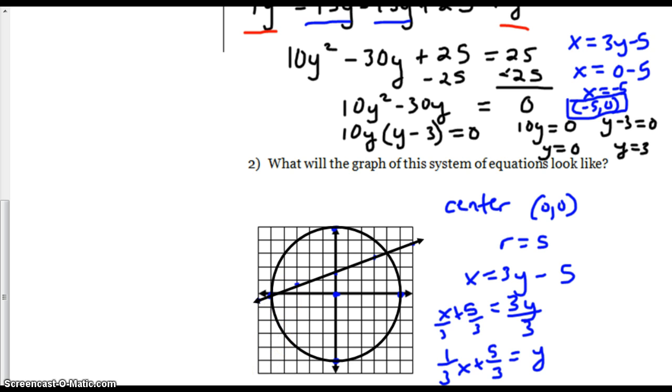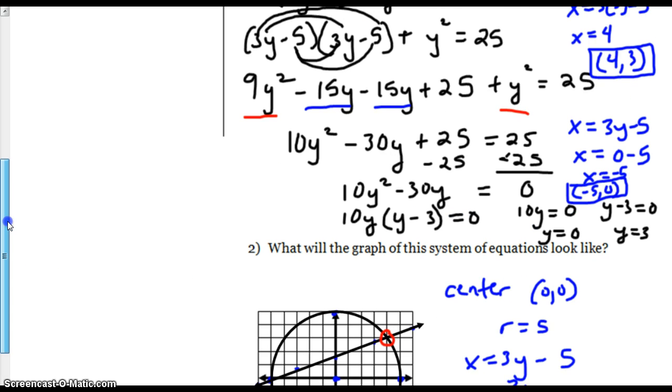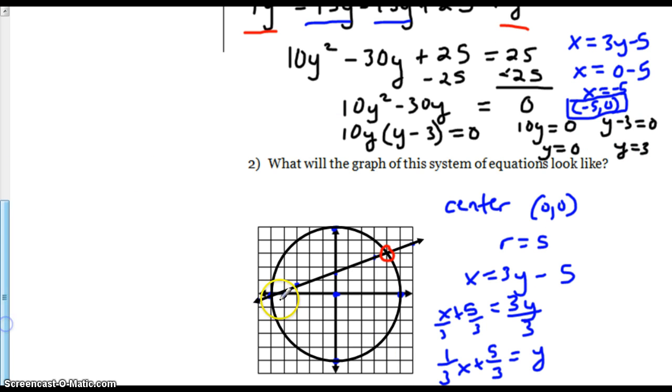Our solution again with our systems is where they intersect. So our circle and our line intersect here, and that does confirm what we found with the substitution. And that was at (4, 3), and that is that point (4, 3). So we confirmed that answer.